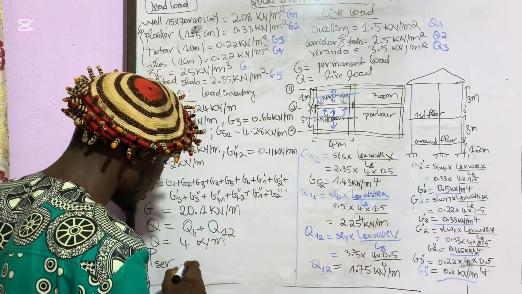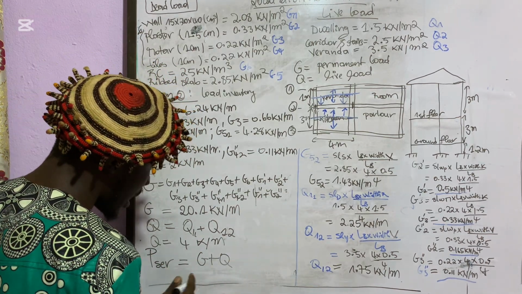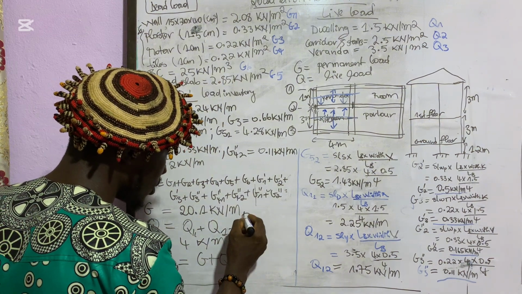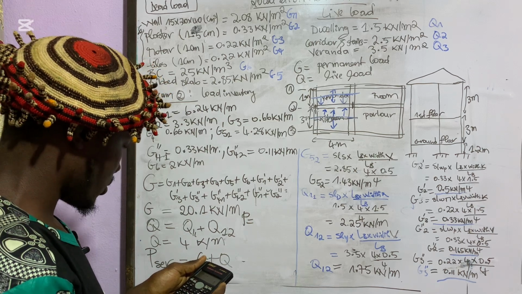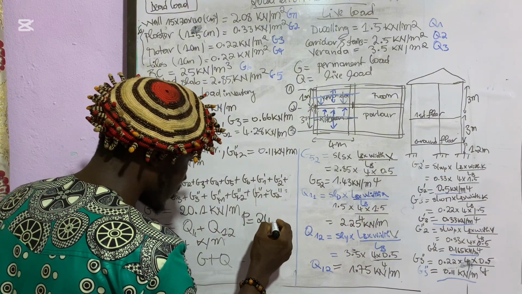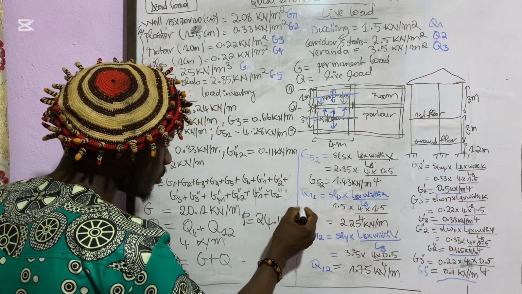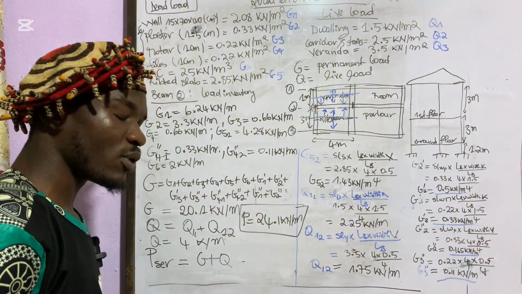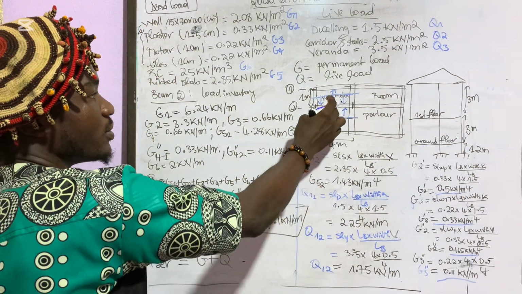At the serviceability limit, it will simply be equal to G plus Q. So it will be equal to 20.1 plus 4 kilonewton, that's 24.1 kilonewton per meter.